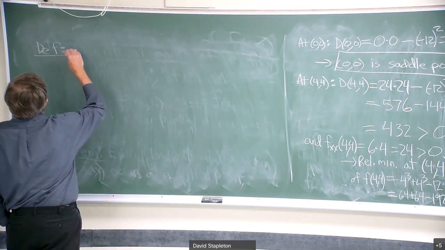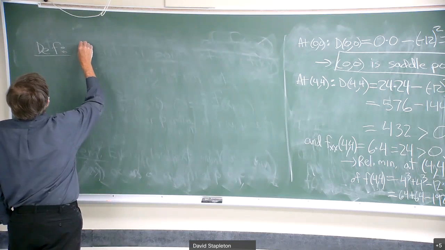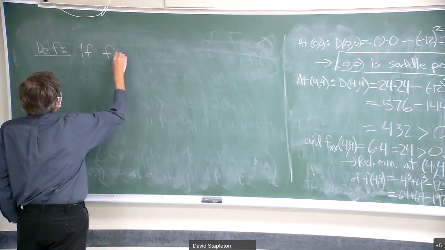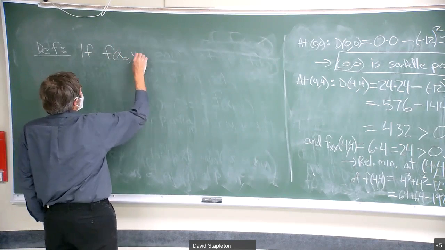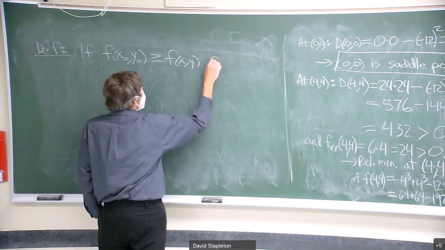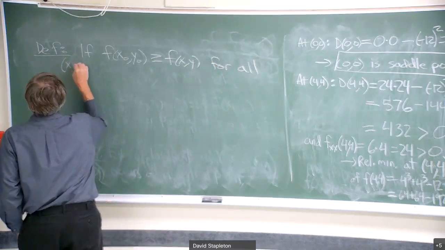All right, so now I forgot what I was going to do. If f of x0, y0 is bigger than or equal to f of x, y for all x, y in the domain of f, then what?